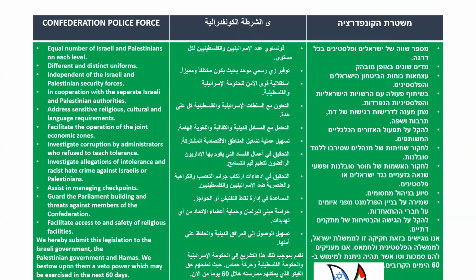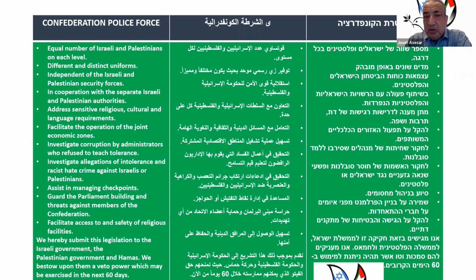And it's totally lacking here. It says racist hate crime against Israelis, etc., etc. Sensitive religious, cultural, and language requirements, but it says nothing about gender-based violence, which is something we all know happens, and I think it should be included.